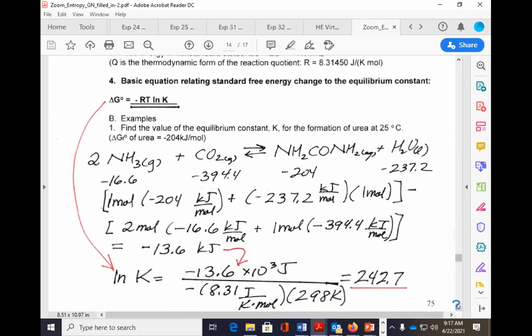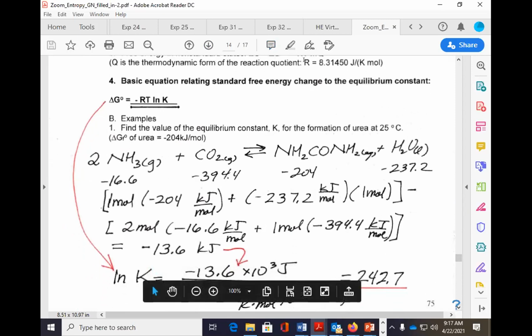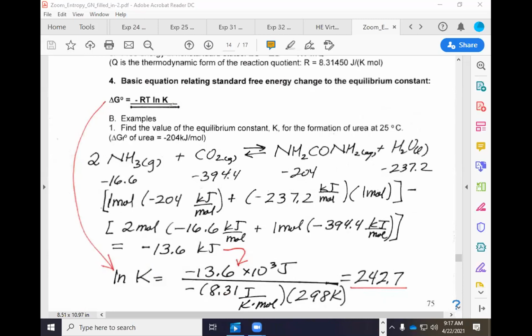So what happened here is I took this equation, divided both sides by minus RT, and rearranged it so that I would have the natural log of the KEQ on one side. And what you need to do right now is take out your calculators, solve for KEQ, and make sure you get this answer.